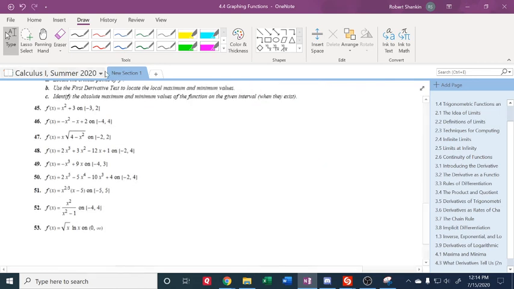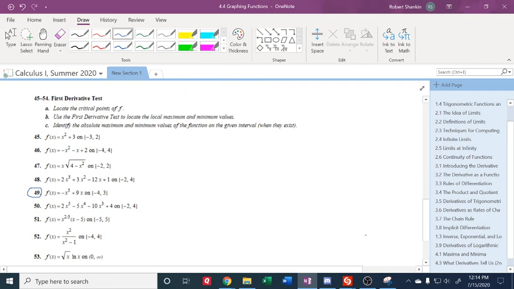All right, so 49. Locate the critical points. We're going to use the first derivative test to locate local max and min values, and find the absolute max and absolute min.